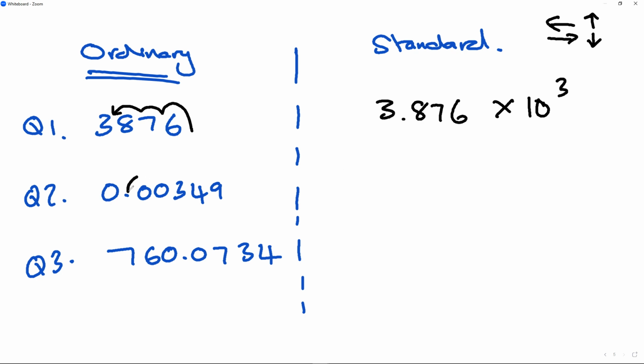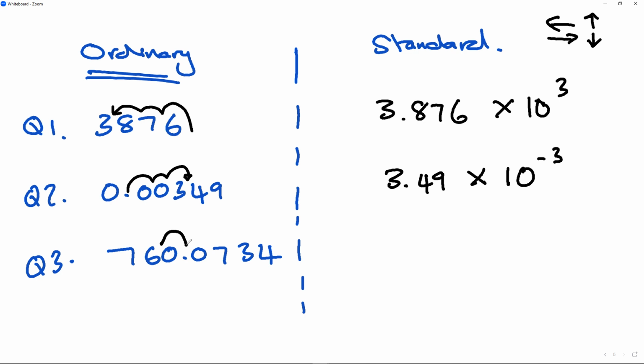The next one, I'm going to move the decimal 1, 2, 3 spaces. Remember, we want to get the decimal to go between the first visible digit and the second. In this case, it's going to be 3.49. Then we want to multiply it by 10 to the power of something, and that something is found by how many times we move the decimal. So 1, 2, 3 spaces to the right implies go down by 3, so negative 3 in this case.